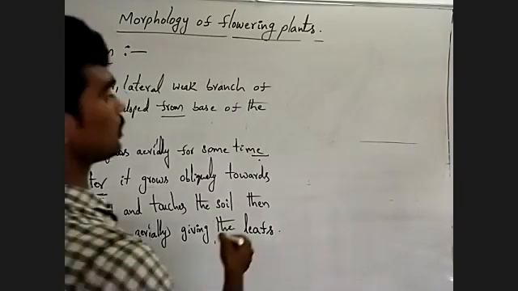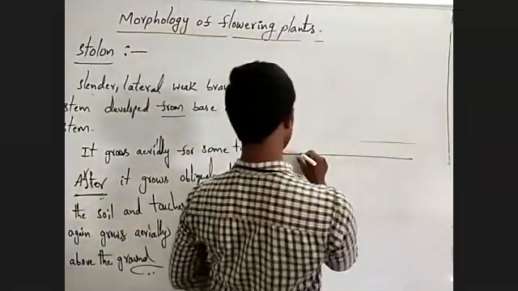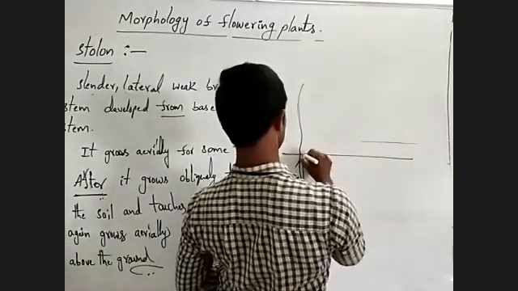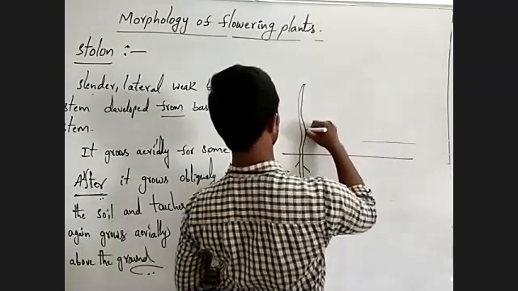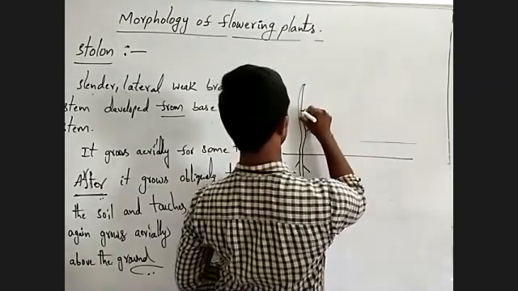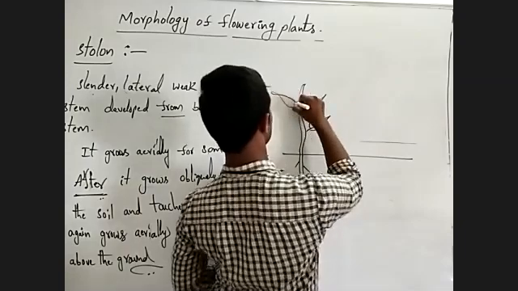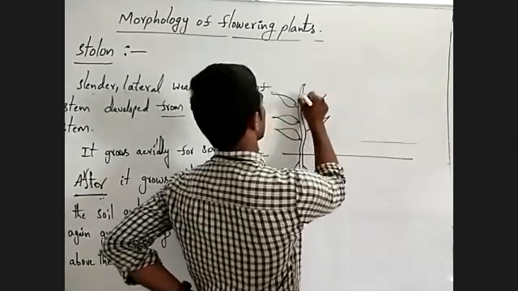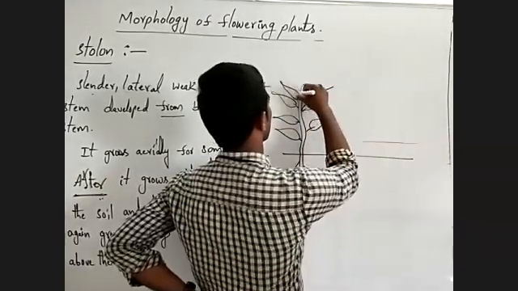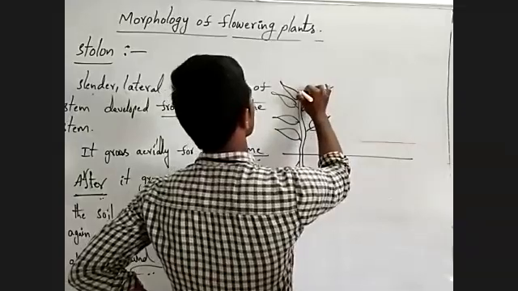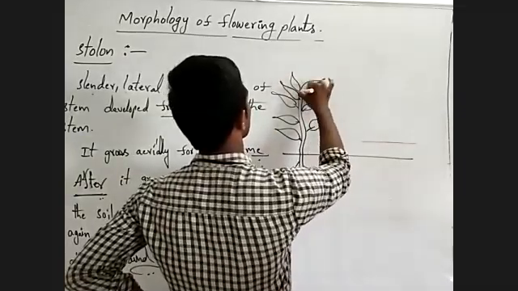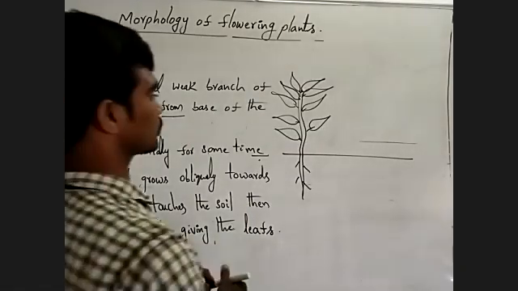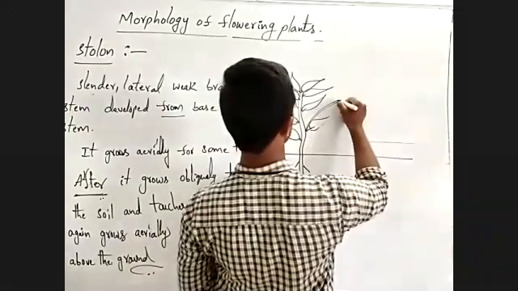For example, this is soil, here a plant. These are the branches.